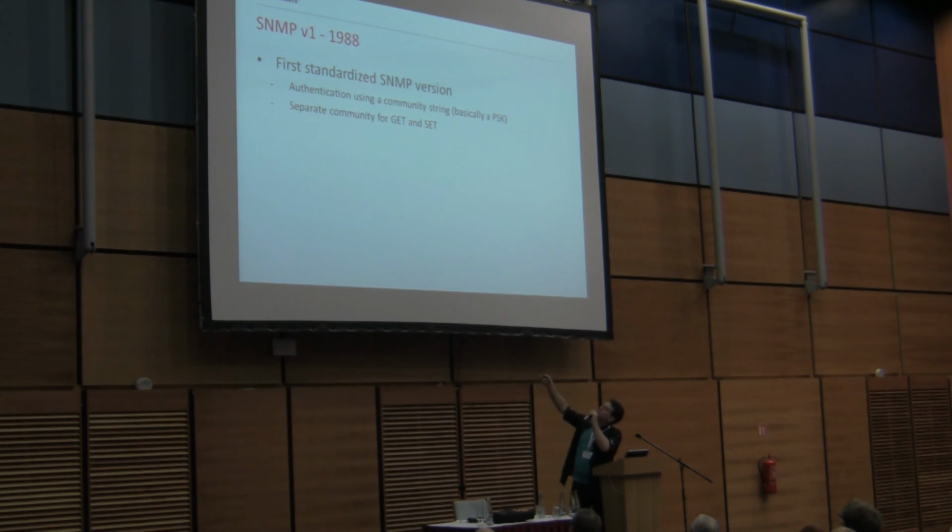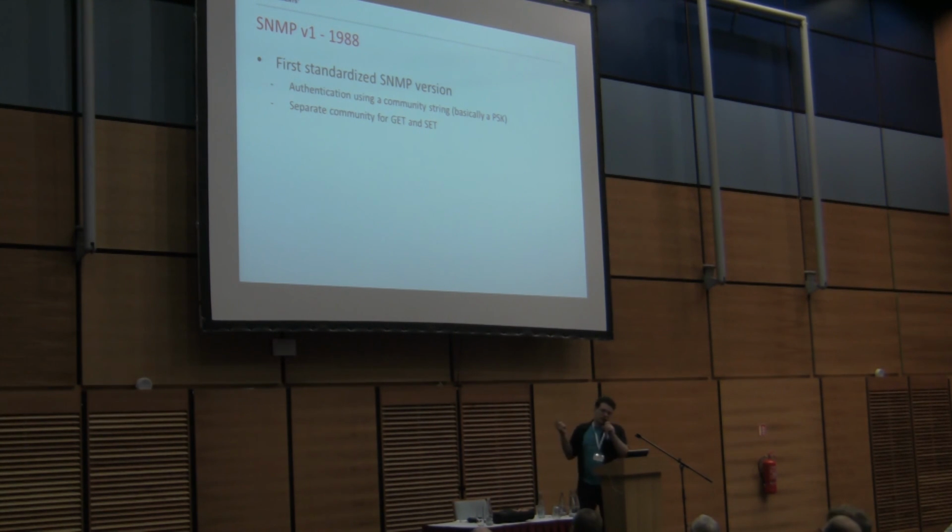And why I'm saying that it's really old is simply because: don't use it. If somebody still uses SNMP v1, please stop. It's extremely old. Don't do it anymore. So it was the first standardized version, with authentication using a community string, which is basically a pre-shared key.